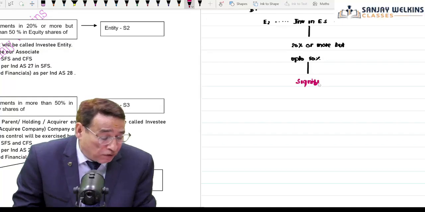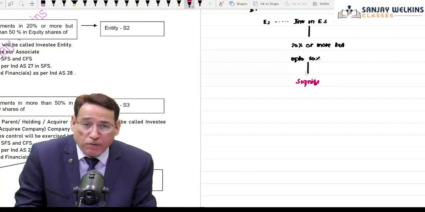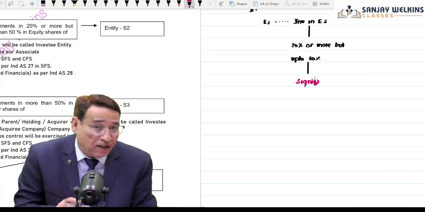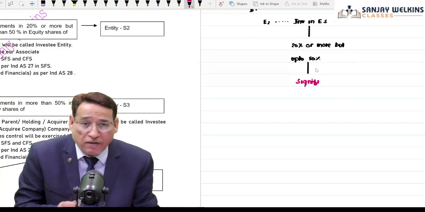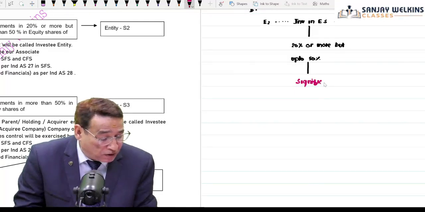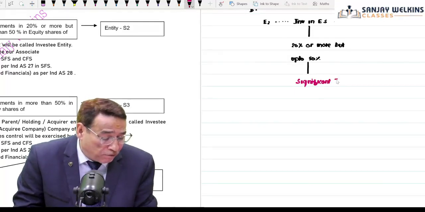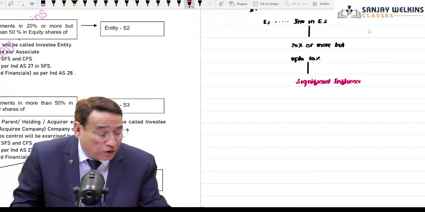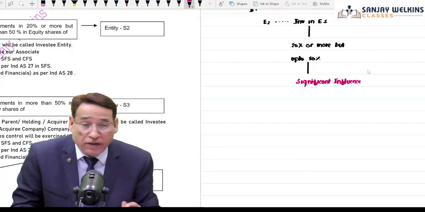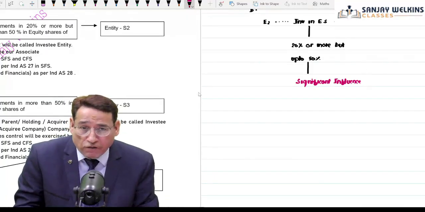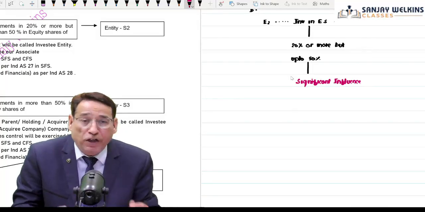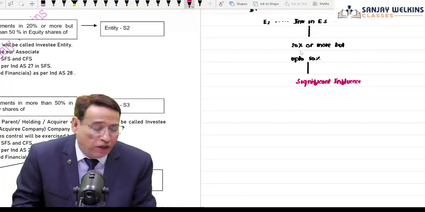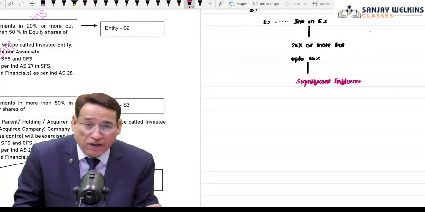Significant influence, what does it mean? Significant influence means the investor entity can participate in the financial matters and other matters of the other entity. So in the financial and operational matters, we have a bit of influence simply on account of the stakes which we are holding of the other entity.